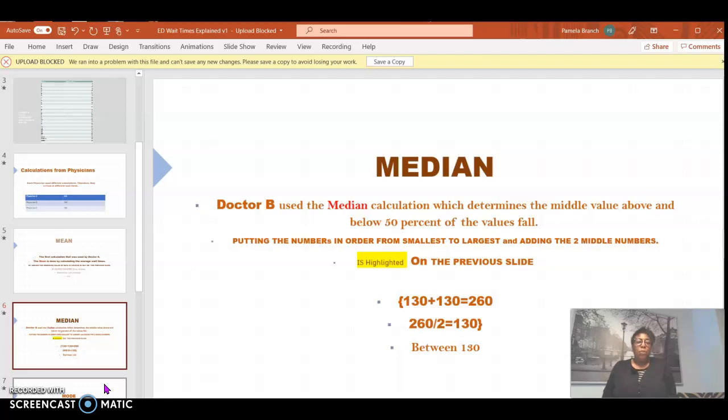Because we used two numbers for this calculation, we would divide the total of 260 by 2, and it equals 130 minutes. So that would be the calculation that Dr. B used.